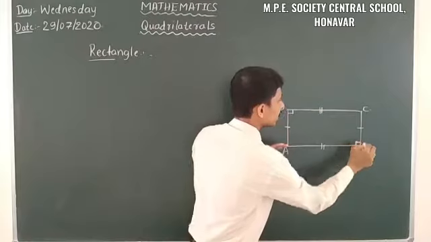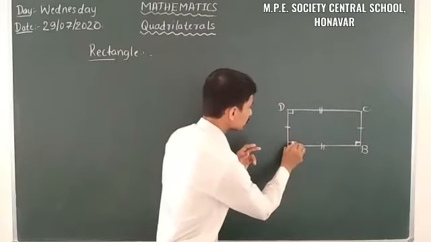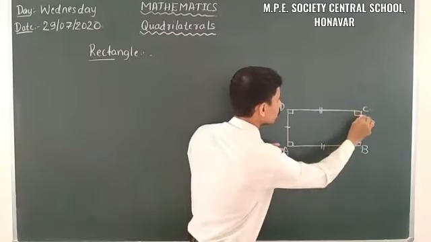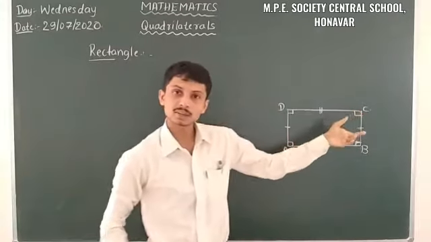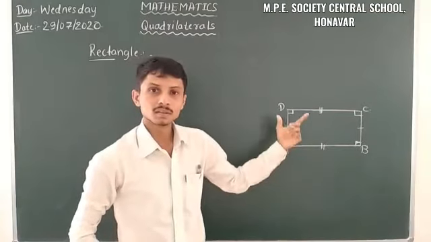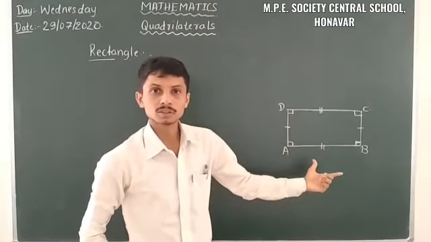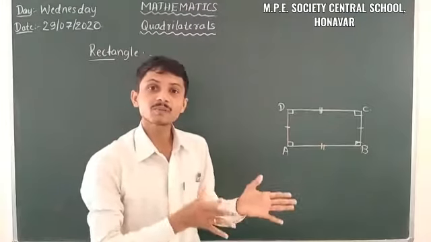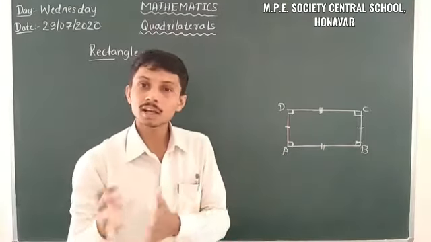Here it is 90 degrees, and the opposite angles are equal. So it exactly matches the properties of a parallelogram, but the fact that differs is that the diagonals of a rectangle are of equal length.